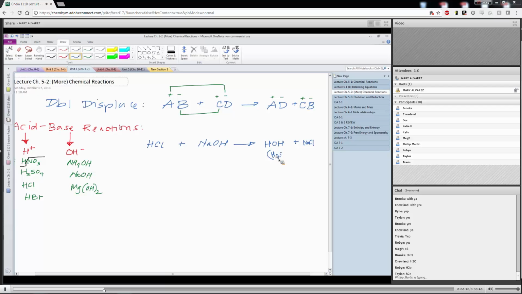Yeah, H2O, because I have two hydrogens. So this is what's fancy about acid-base reactions, is that when acids react with bases, I get water and then some sort of salt. Salt is a general term for an ionic compound.